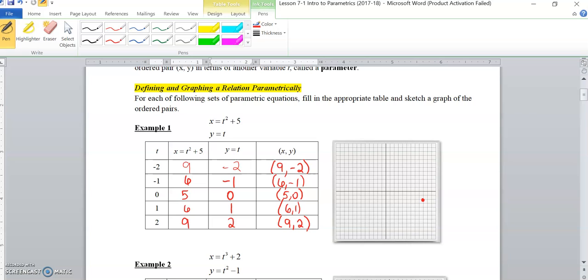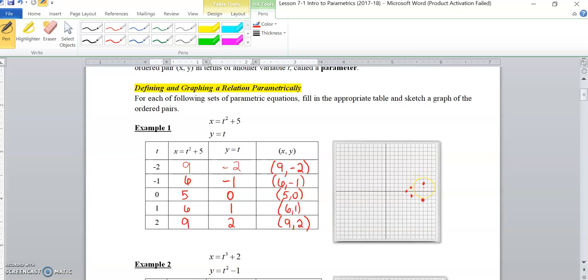And if we plot all of these coordinates, they look something like this. So 9 was 2, 8, 7, 6 was 1, 5 was 0, 6 was 1, 9 was 2. We get this graph.